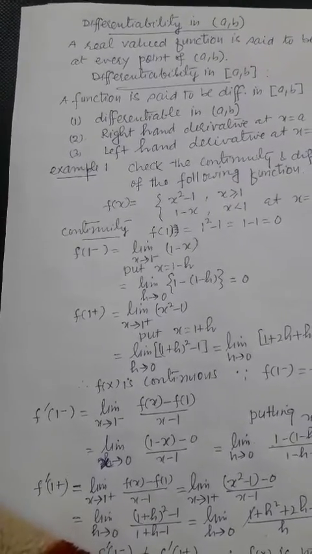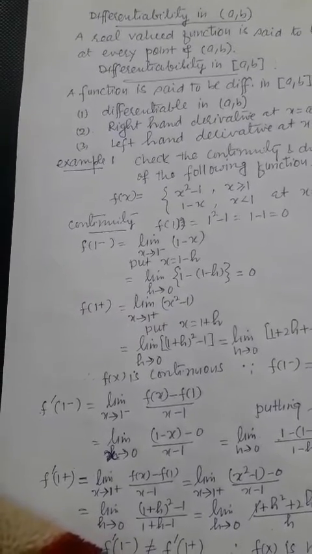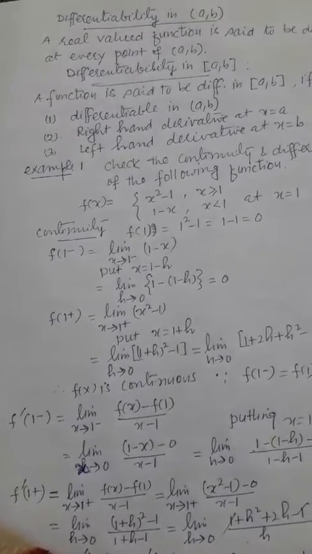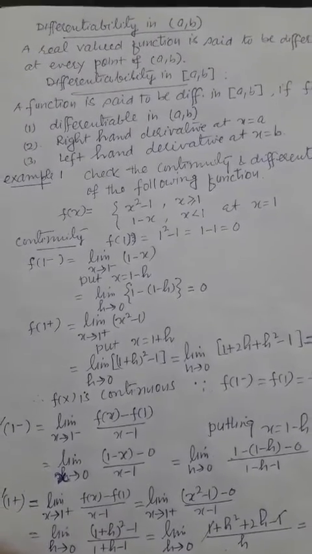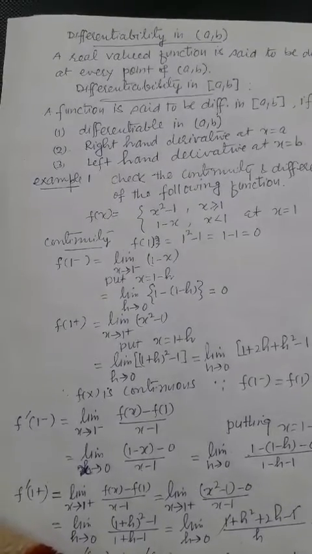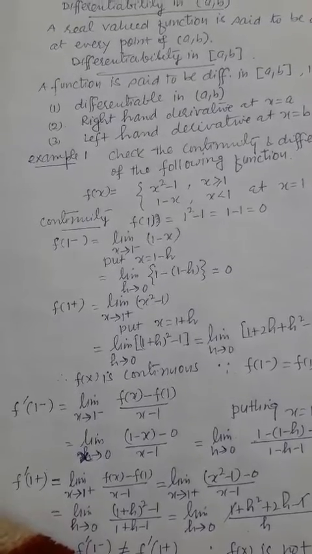How can we define differentiability in a closed interval AB? A function f of x is said to be differentiable in the closed interval AB if, first, f of x should be differentiable in the open interval AB.